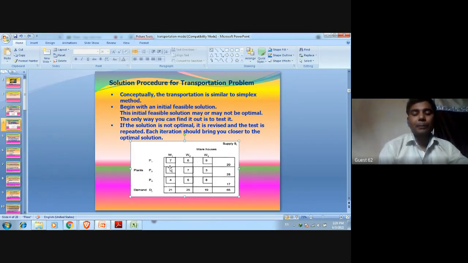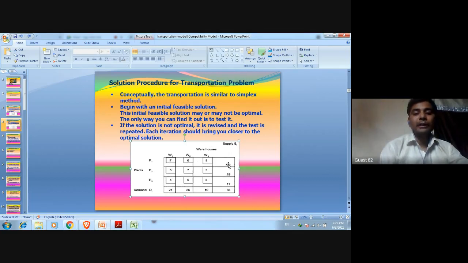Suppose you have to send 20 units to warehouse W1 from P1. What will be the total cost? 7 into 20, that is 140. So when the warehouse requires 20 units, the cost will be 140.